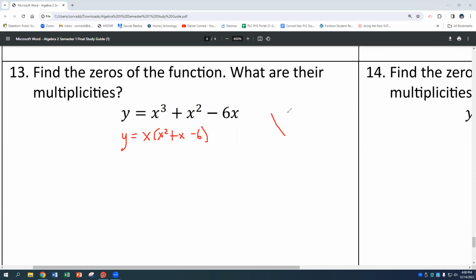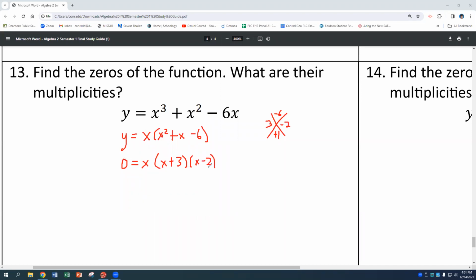I need two numbers that multiply to -6 and add to +1. That's going to be +3 and -2. So I get y equals x, and then you have x plus 3, x minus 2.